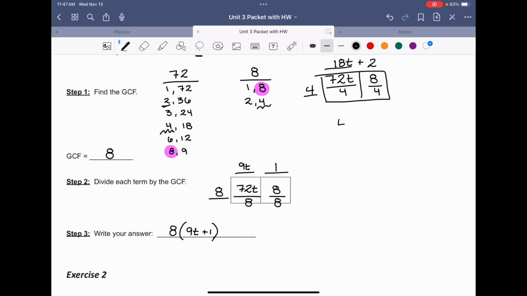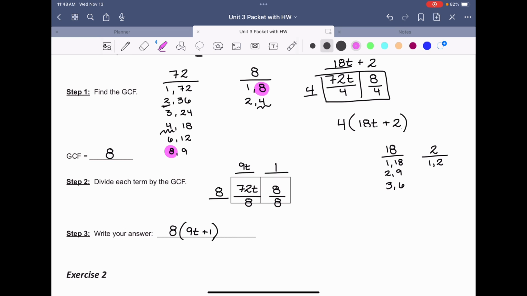So what's going to happen is when I write my answer, I would check and make sure that I don't have another factor. So let me look. 18, 2. 1 and 18, 2 and 9, 3 and 6, 1 and 2.